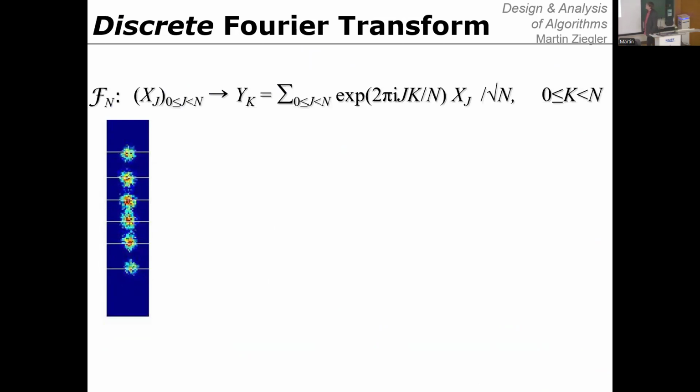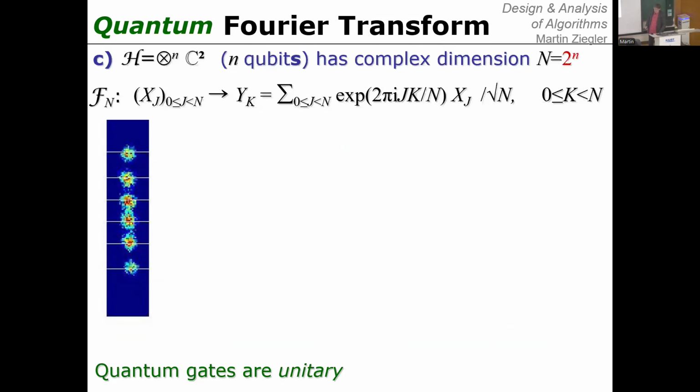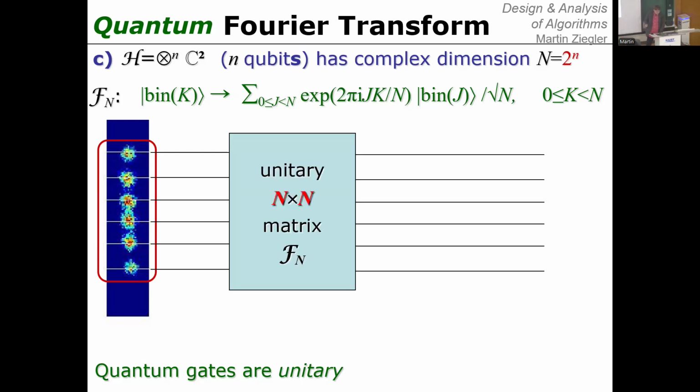An example, we consider the Fourier transform. First, the discrete Fourier transform, but now with an exponential input size vector and exponential output size vector, 2 to the n. And I claim that this is a unitary transformation, a unitary matrix of exponential size, but it can be expressed using only polynomially many smaller gates.